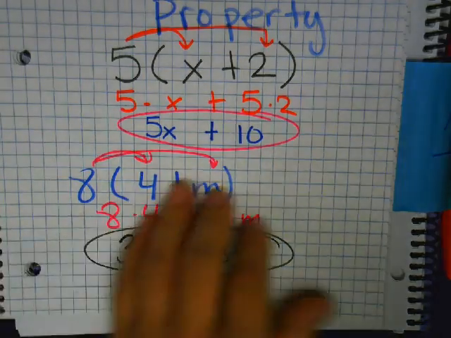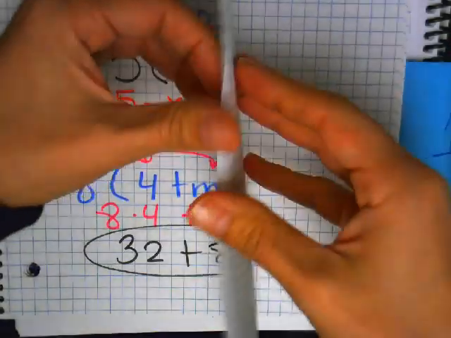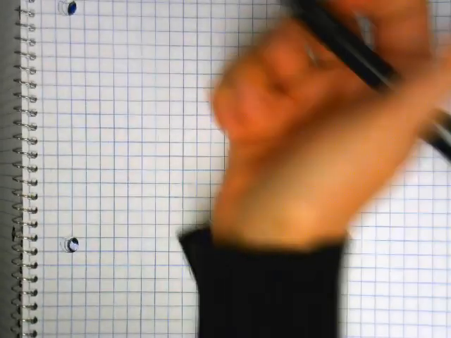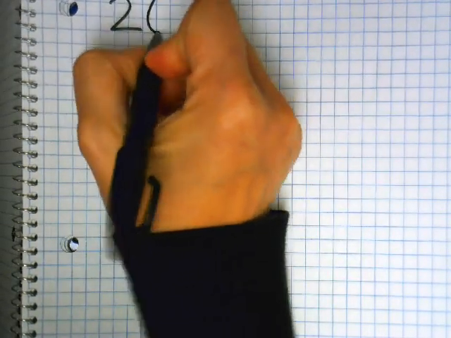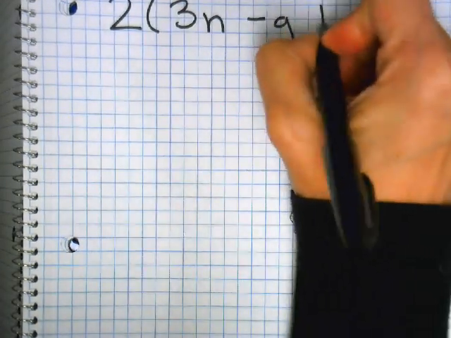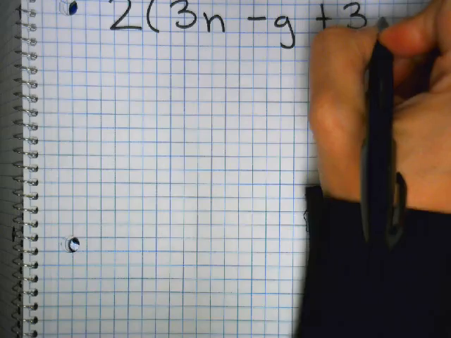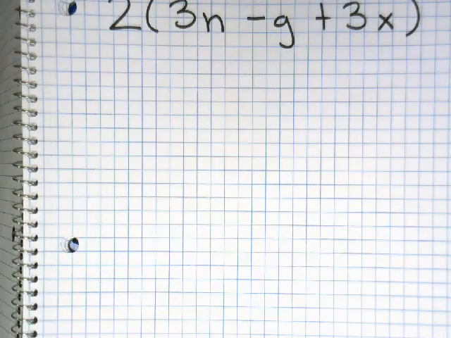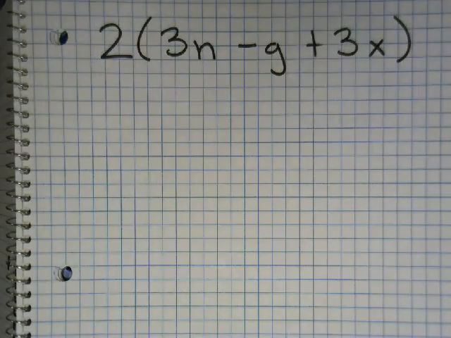Okay. Ooh, I got a hard one. Ready? I don't know if you're ready for this. Is it level 5000? It's level 5001. What number do I distribute? 2.